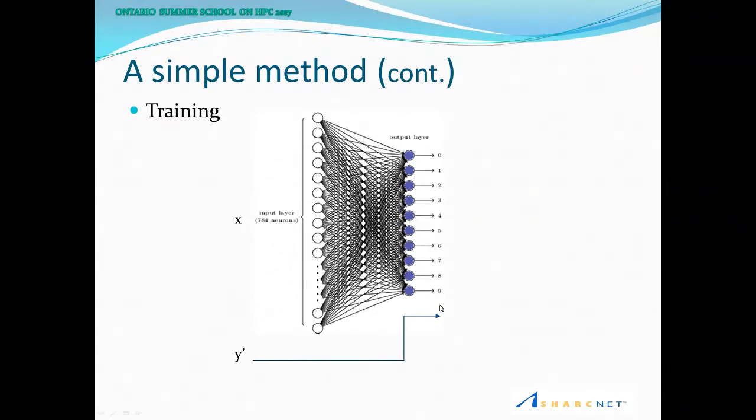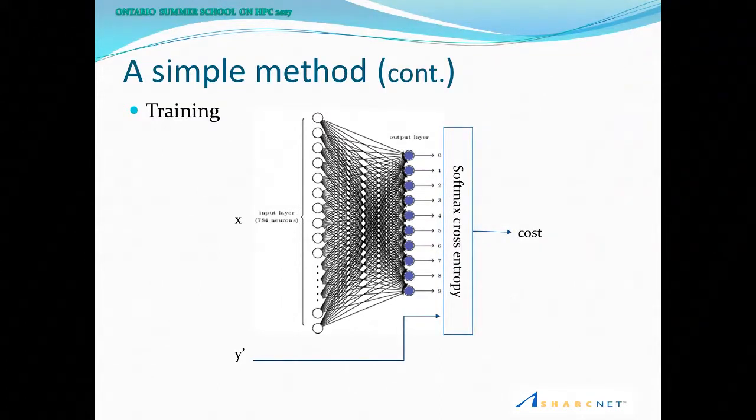Okay, how to do this? We need to define a loss function. There are many ways, like the mean square error, or here I'm going to use softmax cross entropy as the cost function. Once you define a cost function, you want to minimize it by choosing better parameters, which are the weights and the biases.